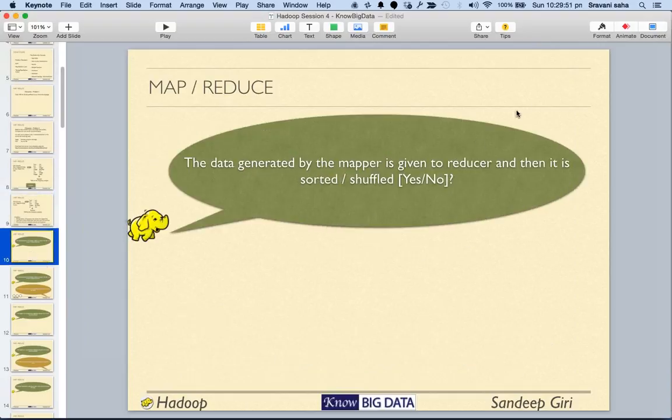All right, a little recap. The data generated by the mapper is given to the reducer and then it's sorted or shuffled. Yes or no? I'm reading it again. The data generated by the mapper is given to the reducer and after that it is sorted. Is that correct or wrong?